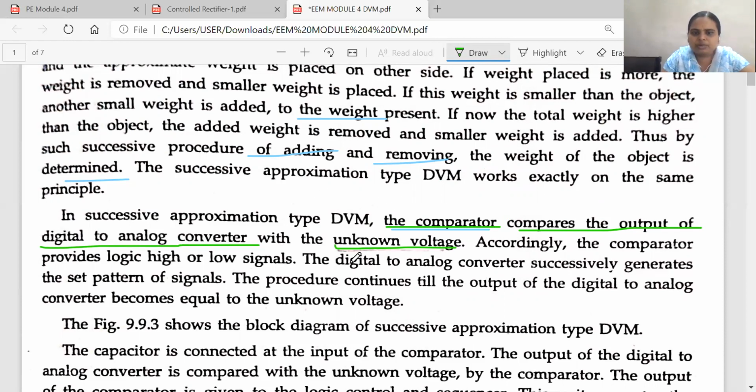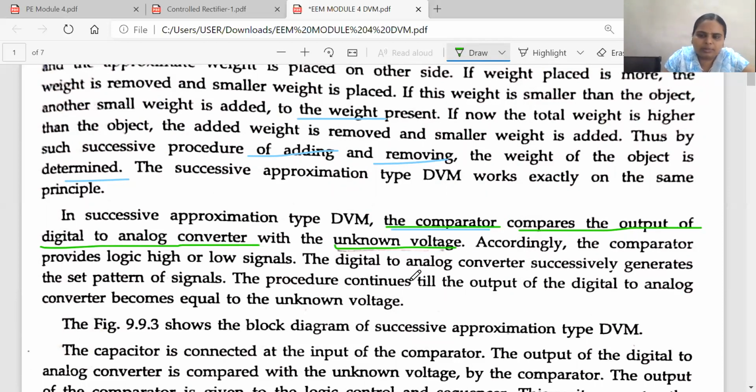For that unknown voltage, we supply different input voltages, checking whether it is equal to or greater than it.